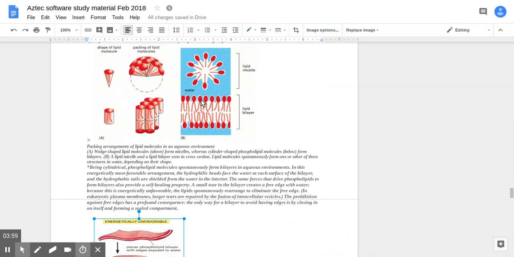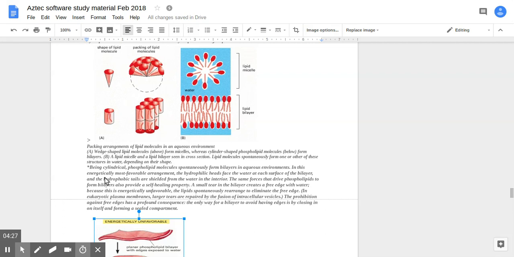Lipid molecules spontaneously form one or the other of these structures in water, depending on their shape. As you can see, the wedge-shaped molecule has only one fatty acid chain coming out. The other one has two, which is the usual two fatty acid tails.